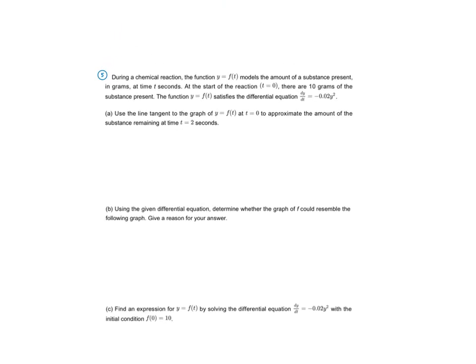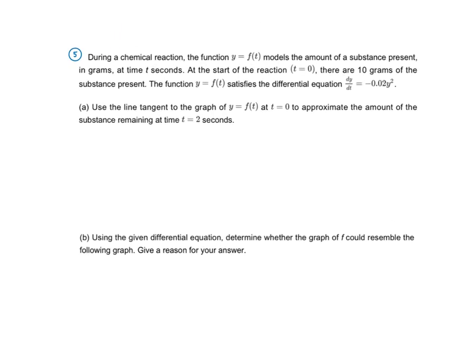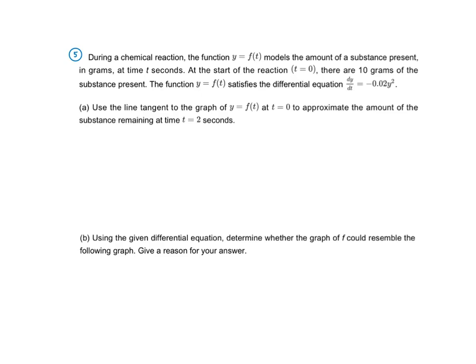Okay, so this one starts off: during a chemical reaction, the function models the amount of a substance present in grams at time t seconds. So this function is the amount of a substance present at any given point in time.